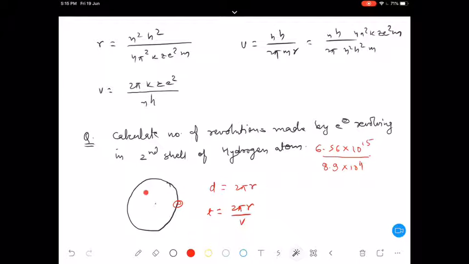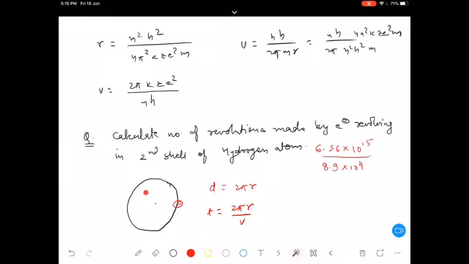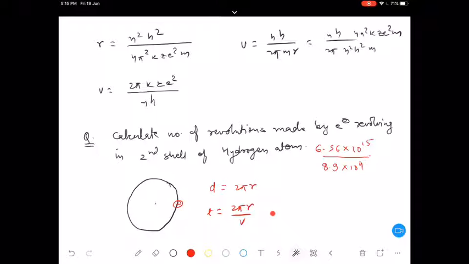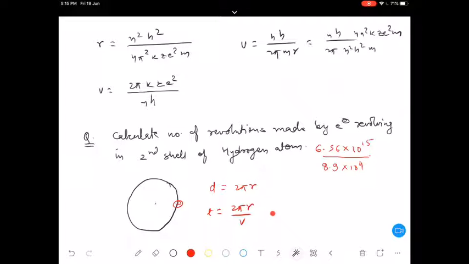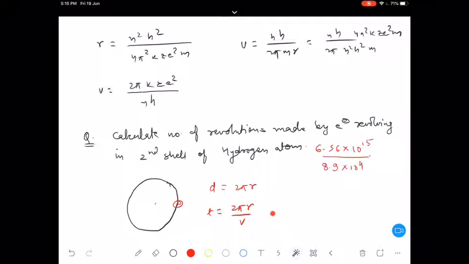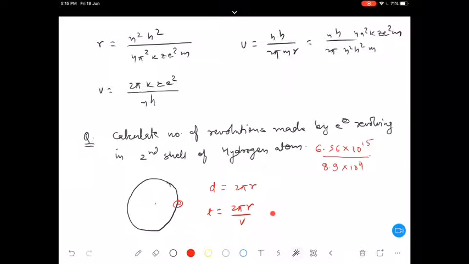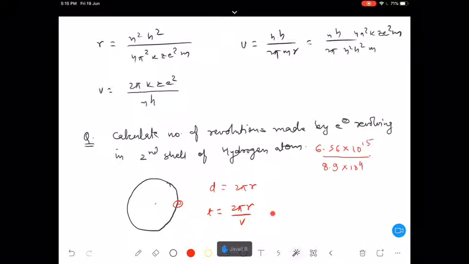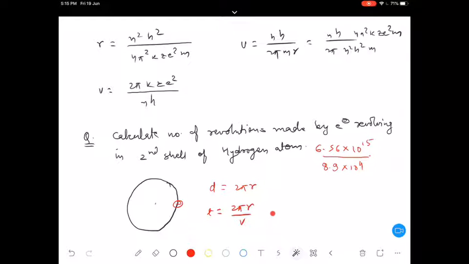You will try to derive this also. You will see whether time is directly proportional to z or inversely proportional to z, whether it will be directly proportional to n, the number of orbit or shell, or inversely proportional to n and z, just like we have defined for r and v. Yes, Javeli.